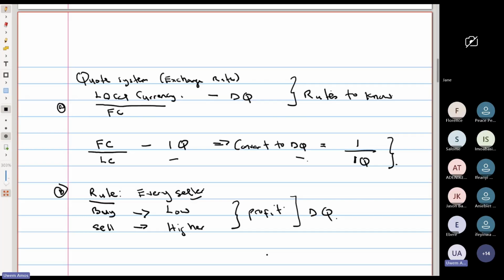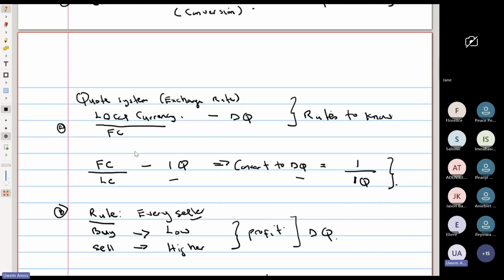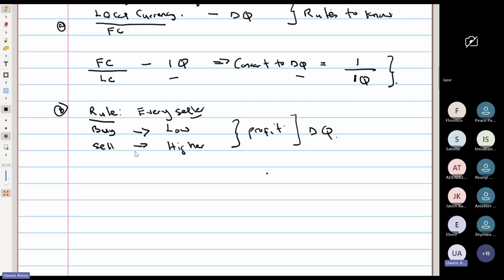All right, so let's get right back to our question and determine how that currency is quoted. Is it a direct quote or an indirect quote? That is based on how it's written here. So let's go right back to our question quickly.